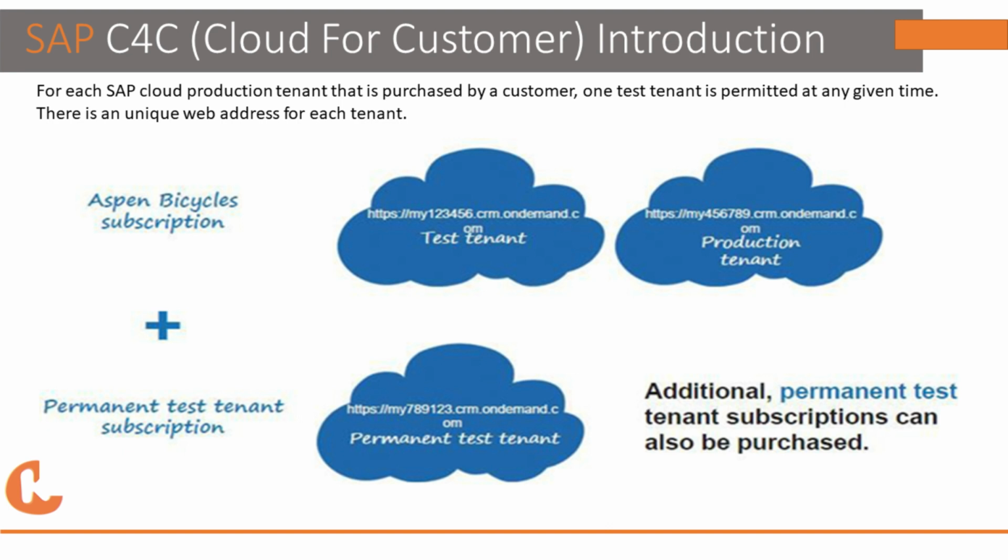Because when you see this URL, https://my followed by a six-digit number, 123456, and in the second cloud icon you will see 456789, and then the third, 789123. So these are three different URLs having three different IDs. That is the reason they are called three different applications. So C4C has three different applications.